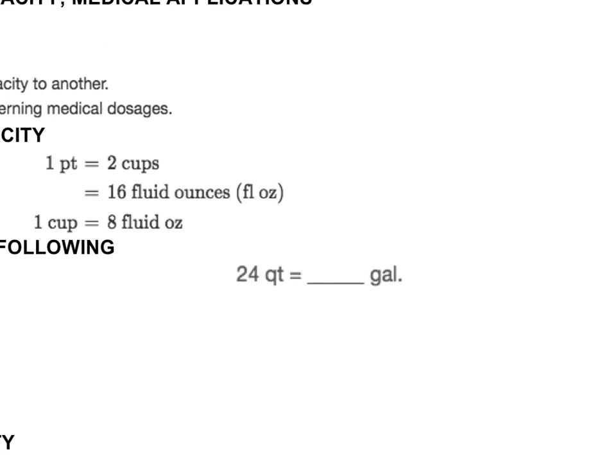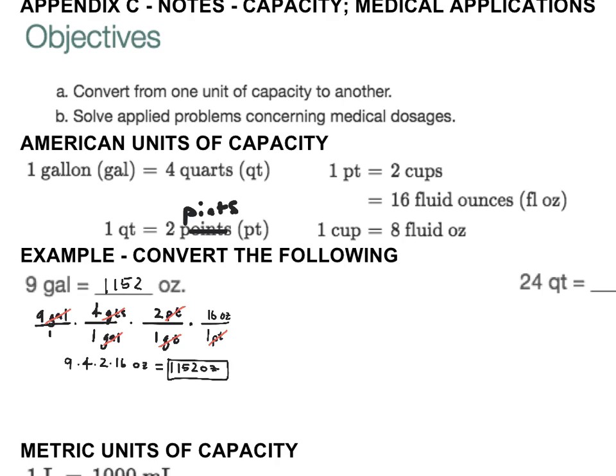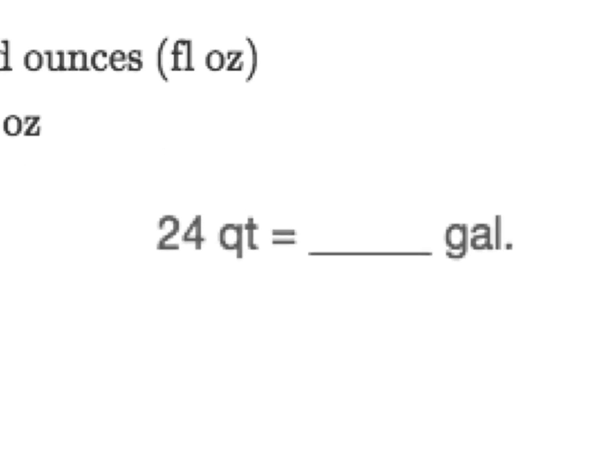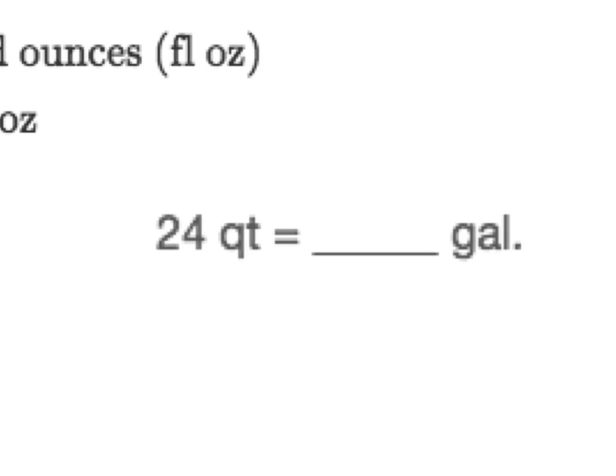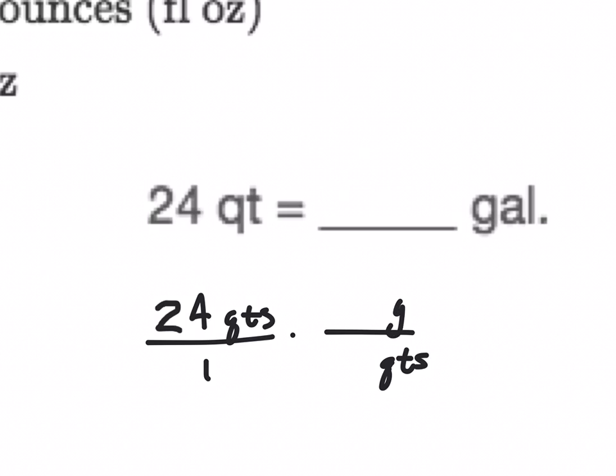So let's convert 24 quarts to gallons. Now this is nice and easy because I already have this conversion that 1 gallon is equal to 4 quarts. Let's start off, and I'm going to write 24 quarts over 1. I'm going to multiply that by gallons up here and quarts down here.